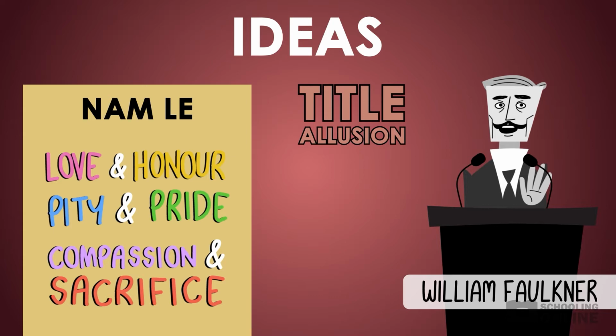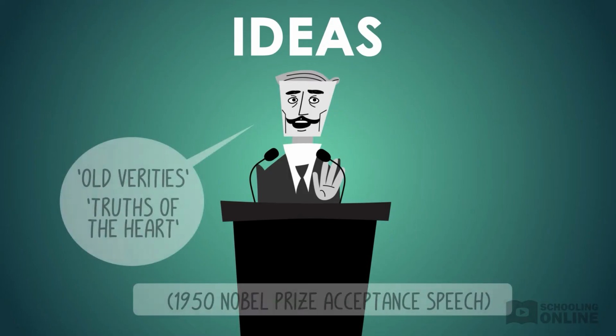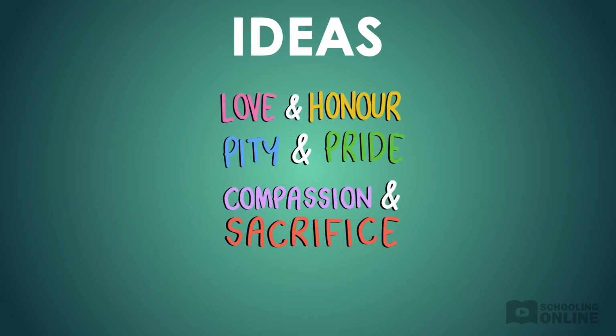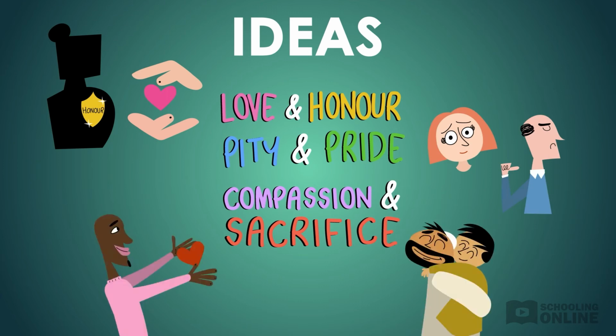Faulkner calls these ideas of love and honour and so on the old verities, or old truths of the heart, that should be the basis of stories. To Faulkner, these values were the only things worth writing about. Many readers might not recognise the Faulkner connection in the title until they read on, but the words themselves prepare the reader for a story that will stir emotions and explore important human values. Which, of course, it does, just not in a way you might expect.